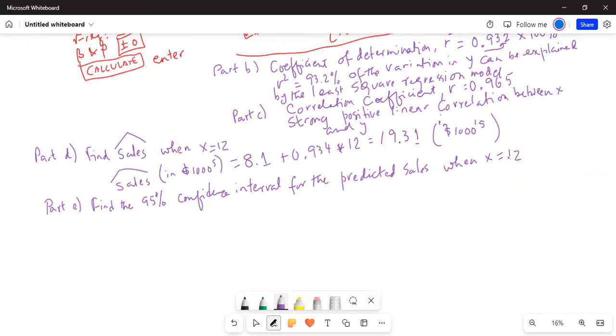Now we have already found the mean value of sales when x is equal to 12 in part D. Now we want to find the 95% confidence interval.